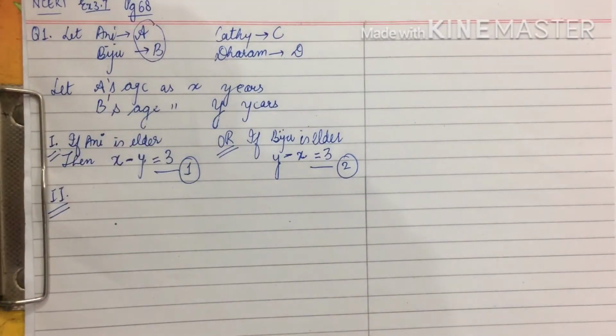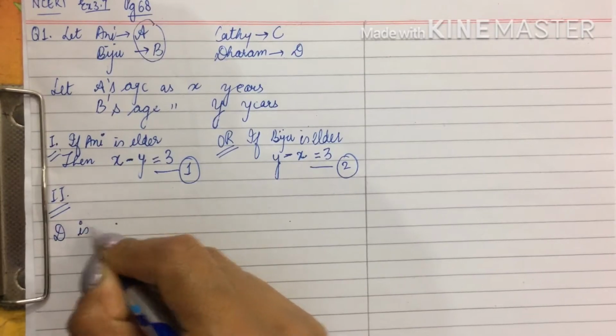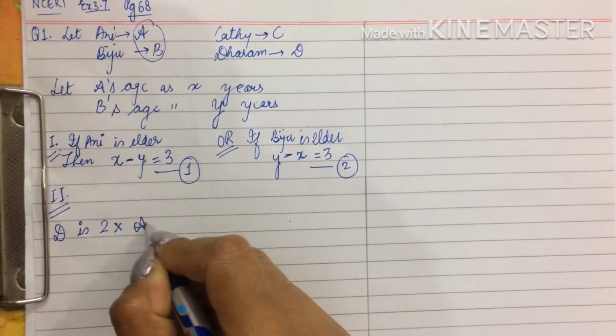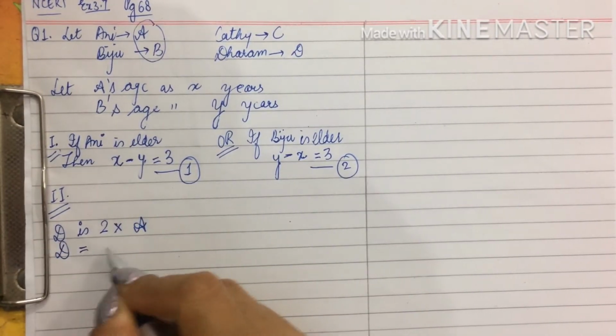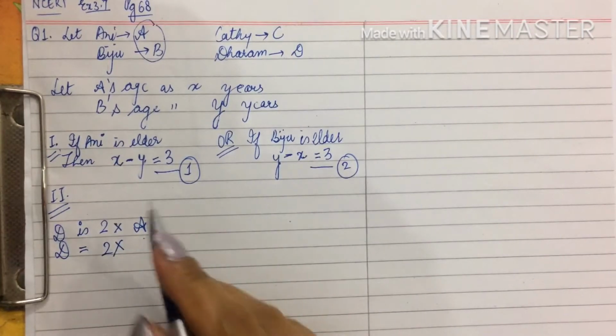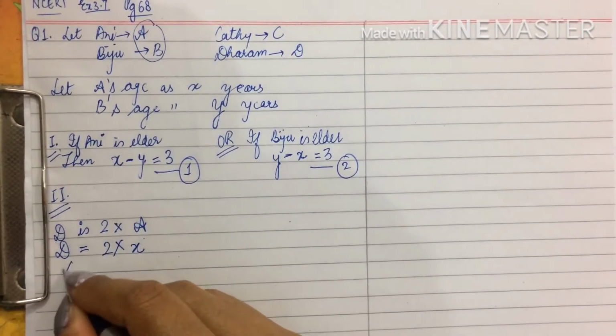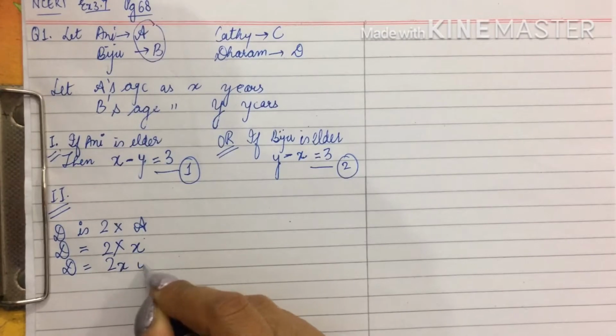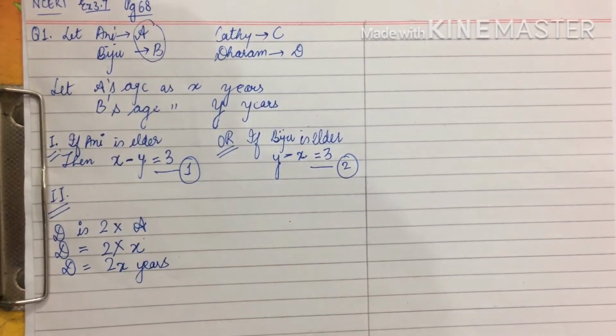in the second case they are saying the ages of Dharam and Kathy differ by 30 years. Now for that we need to first of all know what are the ages of Dharam and Kathy. So let's see what they are saying. They are saying Dharam is twice as old as Ani. So Dharam equals to 2 into A, which is x years old. So the age of Dharam is 2x years.